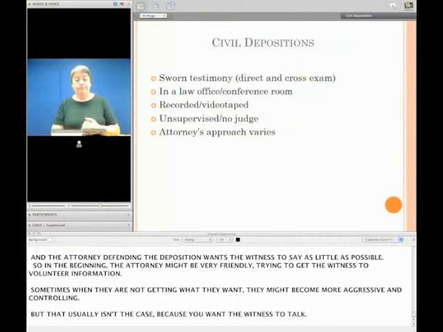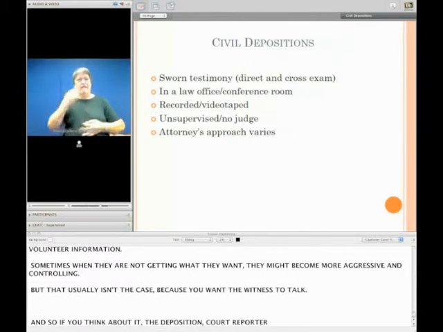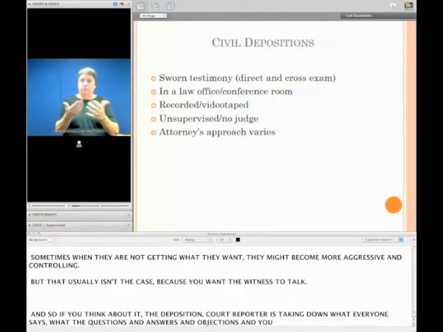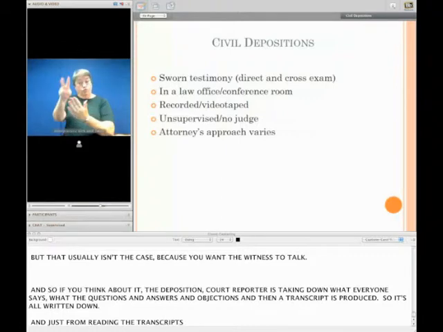If you think about a deposition, the court reporter is taking down what everyone says, both the questions and the answers and the objections, and then a transcript is produced. So it's all written down. Just from reading the transcript, you can't get the mood necessarily.